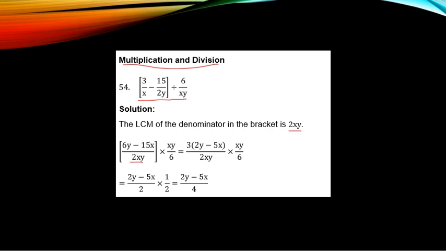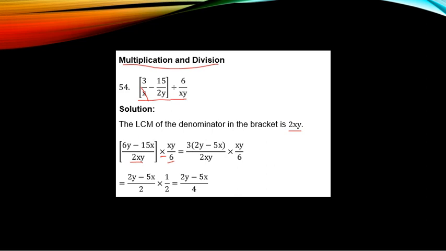Divide 2sy by s, the first denominator, you have 2y multiplied by 3, you have 6y, minus, divide 2sy by 2y, you have s, multiplied by 15, you have 15s. At the same time, in fraction, division sign changes to multiplication sign, and the fraction at the right of the sign, that is 6/sy, is inverted to sy/6.